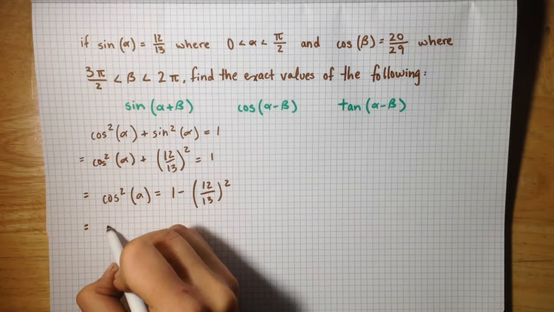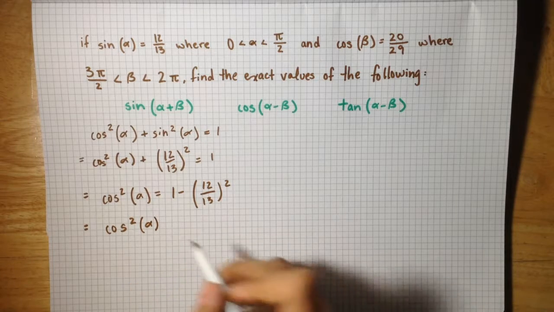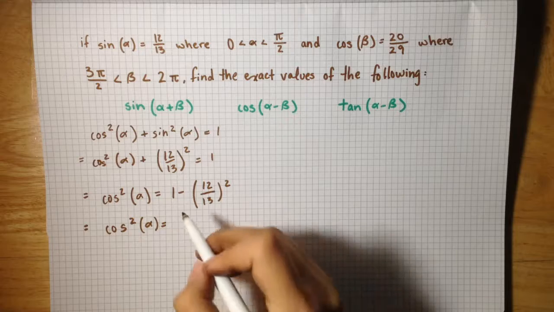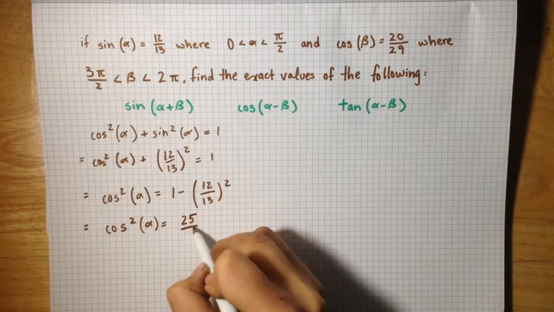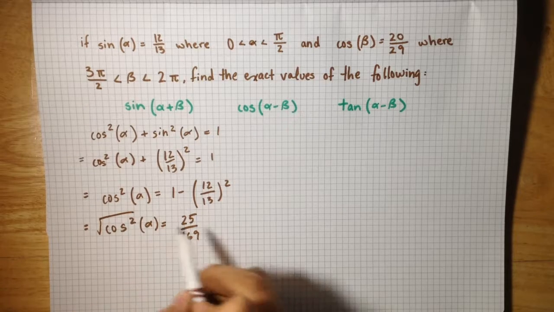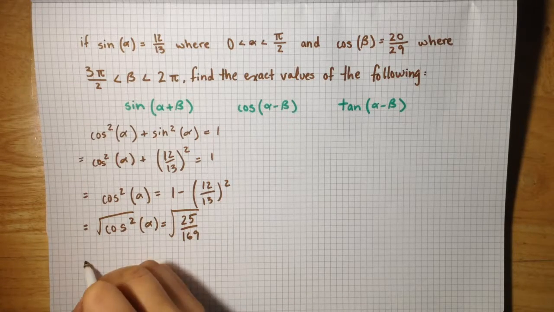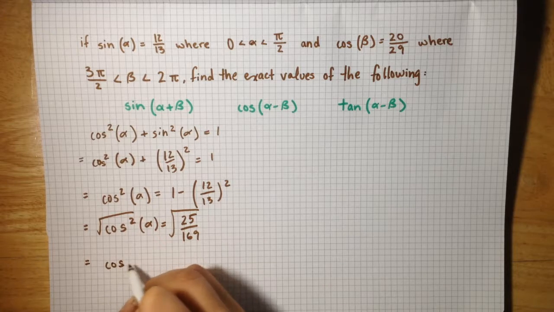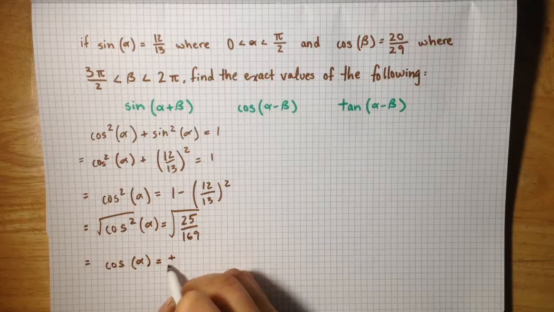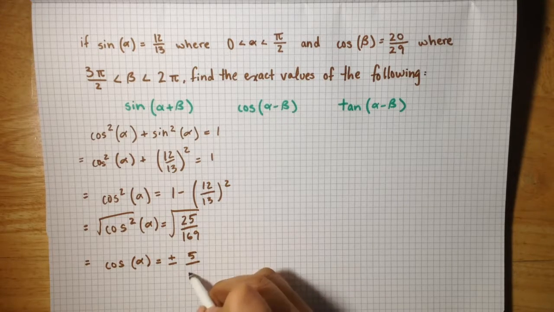Solving this in the calculator, for the value of cosine squared alpha, I get 25 over 169. I'm going to square root both sides to get rid of this squared over here. And my final answer for cosine of alpha is plus or minus 5 over 13.